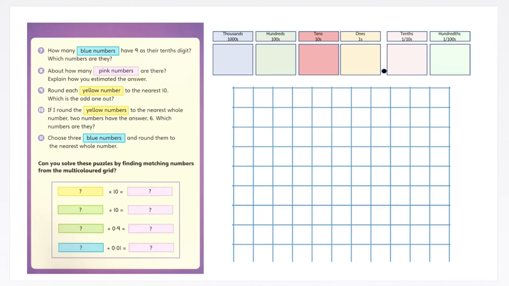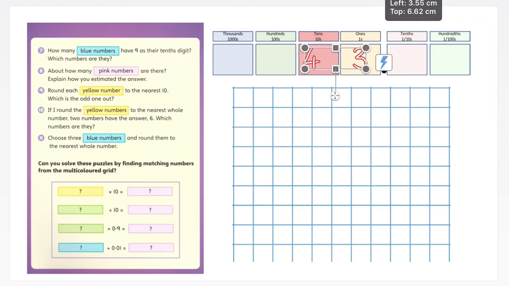Solve these puzzles. There is a yellow number which when times by 10 you get a pink number. Now, when you times by 10 you move to the left. So if I was to have something like 4.3 and I was to times it by 10, am I allowed to use this selection tool?